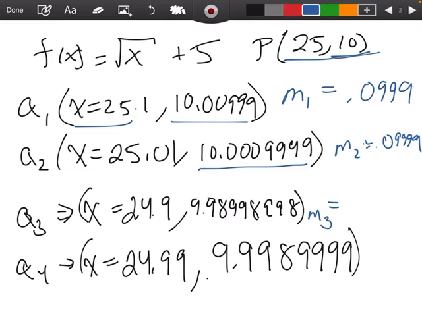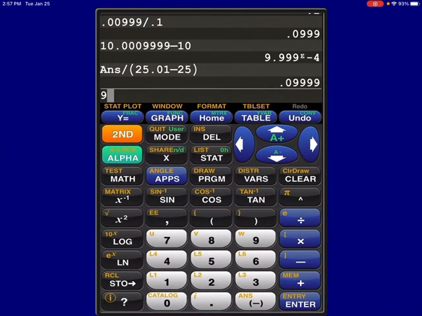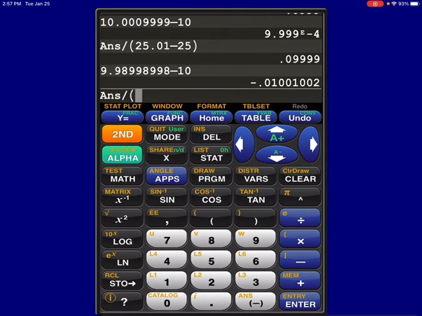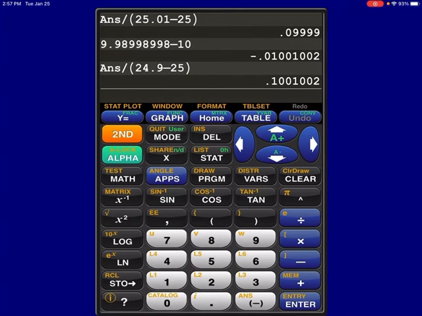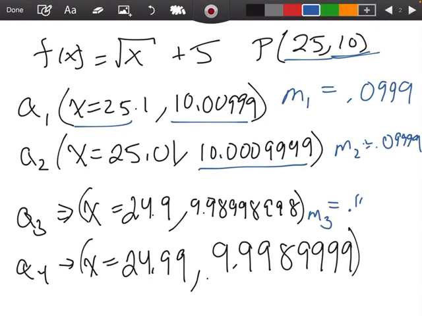So 9.98998 minus 10, divided by 24.9 minus 25, and I'm coming up with 0.1002. And then we have the same thing one more time.